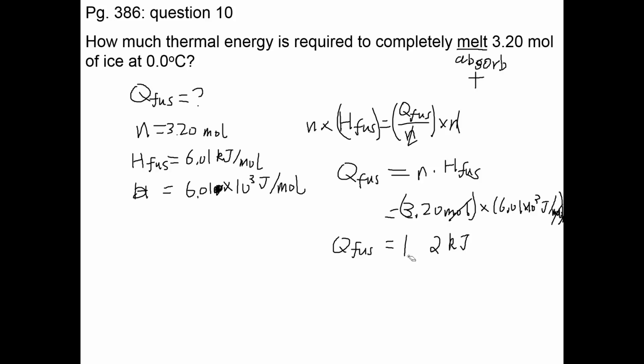Mistake, not 1.92, 19.2. Wait a second. 19.2. There we go. That would make sense. 19.2 kilojoules. So that's the amount of energy required to completely melt that much ice. All right, we'll do one more example.